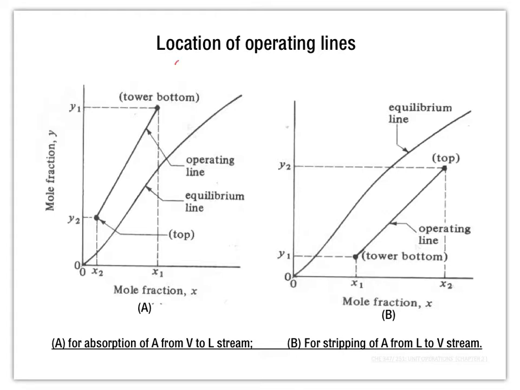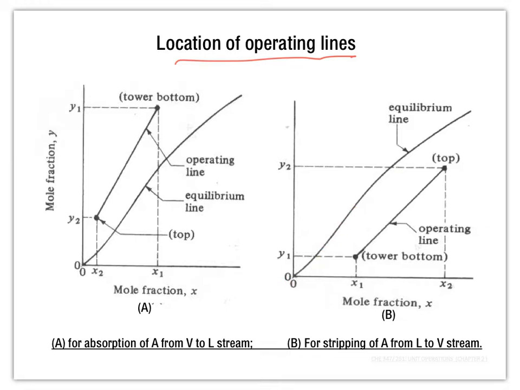The location of the operating line depends on the type of column that we have. If we have an absorption column, the operating line lies above the equilibrium line. If we have a stripping column, then the operating line lies below the equilibrium line.